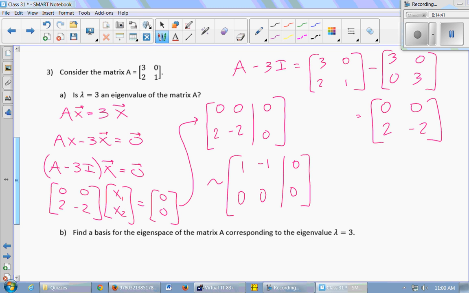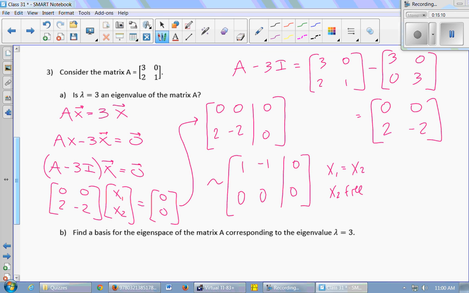Okay, does this have a non-trivial solution? It has infinite solutions, because there's a free variable. My basic variable is x1, and so I'm going to write that in terms of my free variable x2.